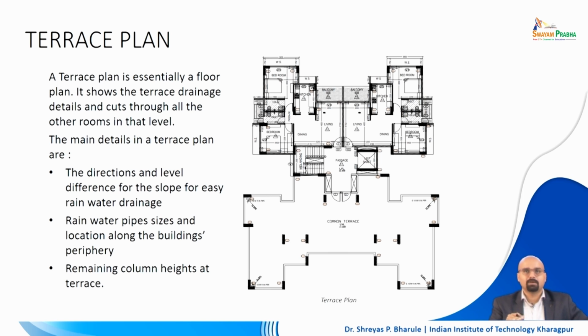So that is how terrace is useful, but usually in the terrace we have to show the other rooms as well. For example, in this particular residential case, you may see that there is a terrace which is this, and it is a common terrace which can be accessed from this particular place.